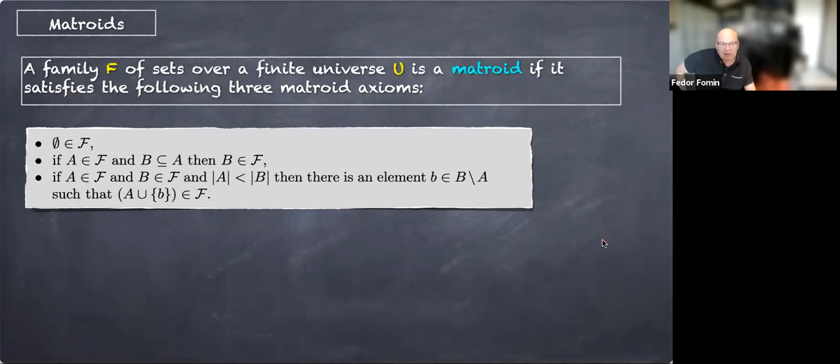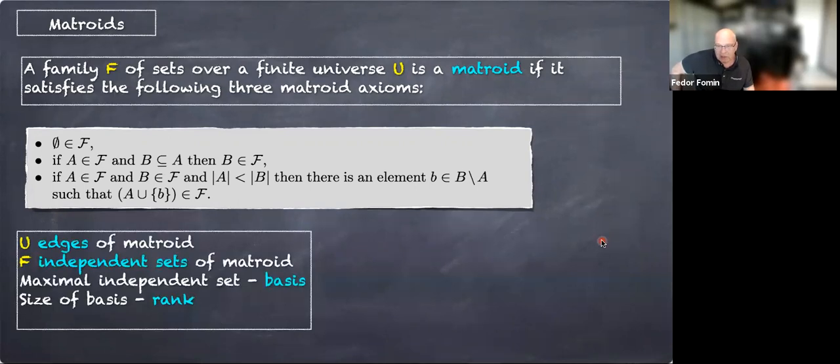So matroids generalize a lot of different things, and for the terminology, I will call the universe the edges of the matroid, like edges of a graph. The family F I will call the independent sets of the matroid, and the maximal independent set is the basis of the matroid.